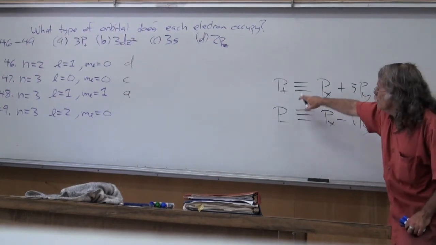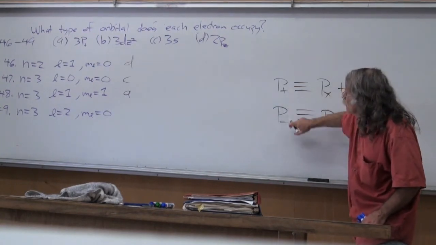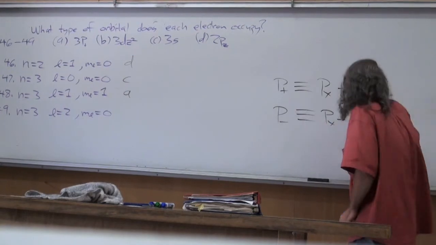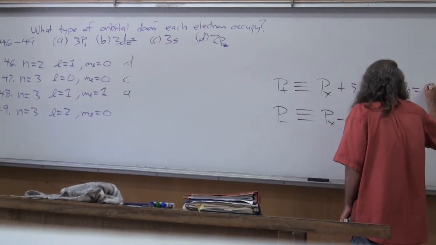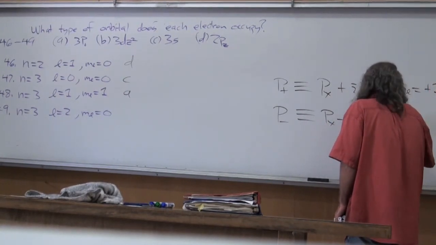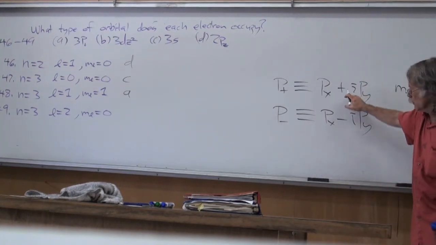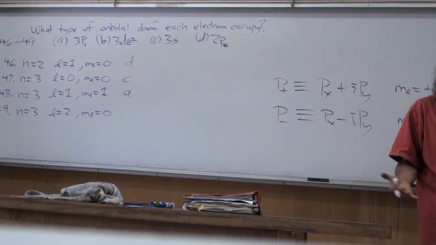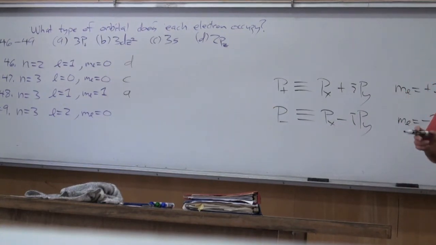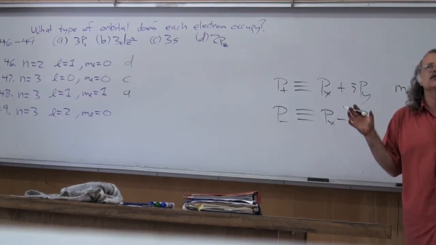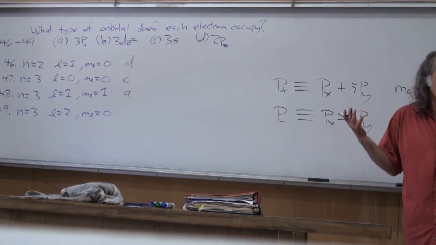These have real quantum numbers: m sub L equals plus 1, and m sub L equals minus 1. They no longer look like those orbitals with the dumbbells. They look like donuts instead, and you saw them in the free atomic orbital handout.